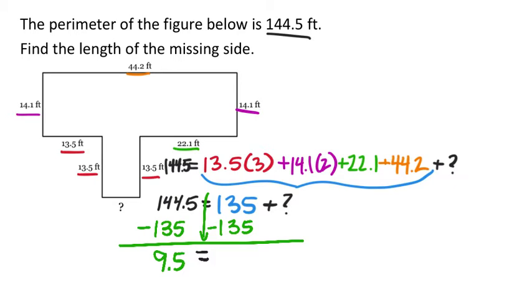And yeah, that zeroed out the 135, so I can just drop the question mark. The question mark was the missing side. The last thing I really need to do here is just label that in feet. And that would be the length of that missing side length right here. Now you could check. You could go back and add these together plus the 9.5 and see what you get, but you would get that 144.5.